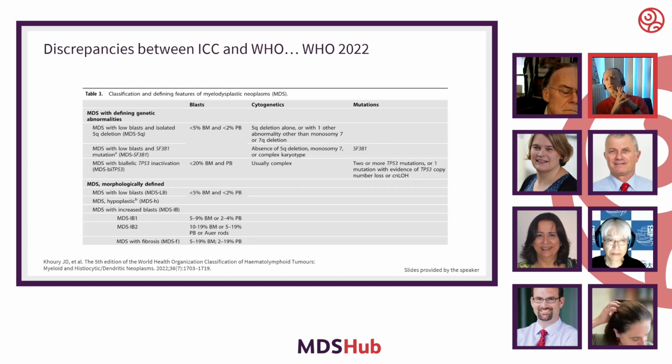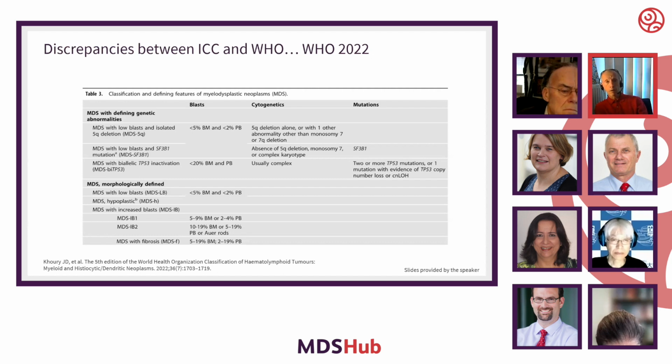Although it has nothing to do with the patient with a complex karyotype with monosomy 17 or 17p deletion, who has a very poor prognosis, because we know the small TP53 clones can disappear with time. So once again, it's a kind of mixture which, in my view, has limited clinical relevance in many patients.